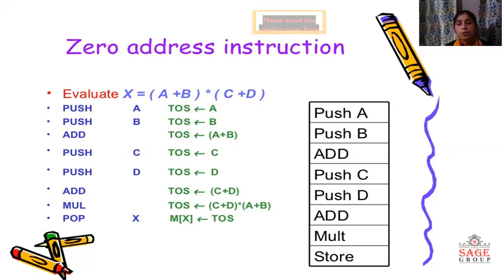In this way we can use the zero address instruction, means push and pop operation in case of zero address instruction. And here the pointer will be at the top of stack.